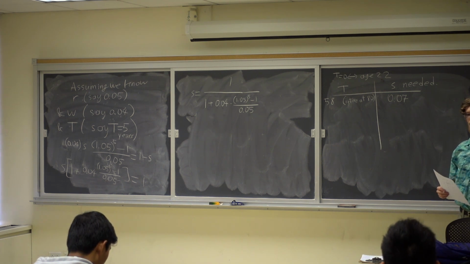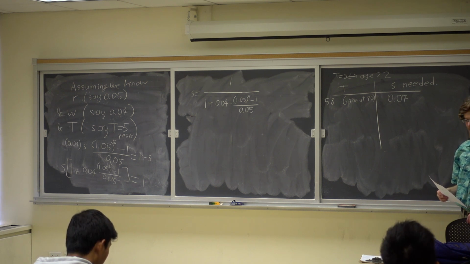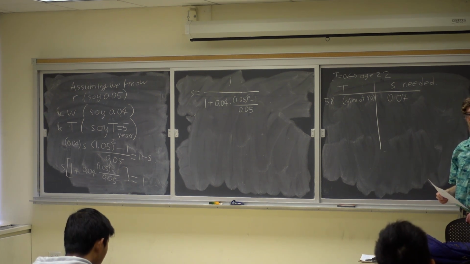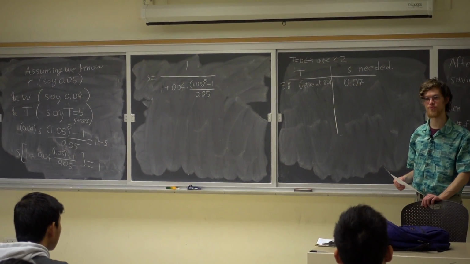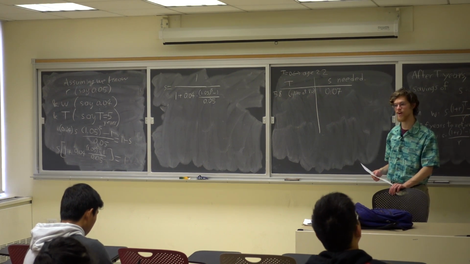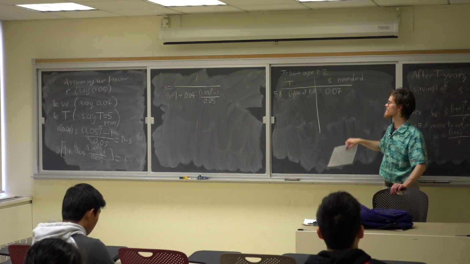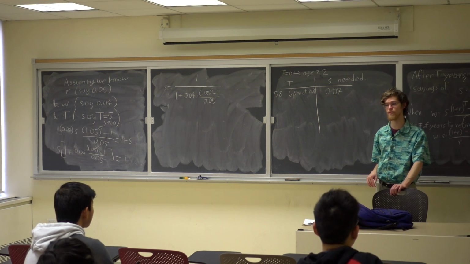Okay, now you might say, doesn't that seem a little high? Well, remember, I'm not assuming Social Security, right? I'm not assuming any income from insurance, or Medicare, anything complicated like that. Okay, so in reality, someone could save less than this in the United States and still be all right because of various social safety nets.